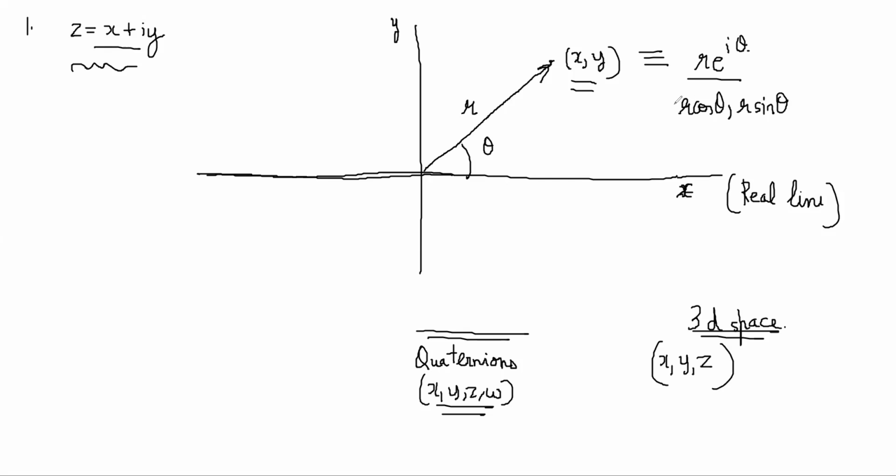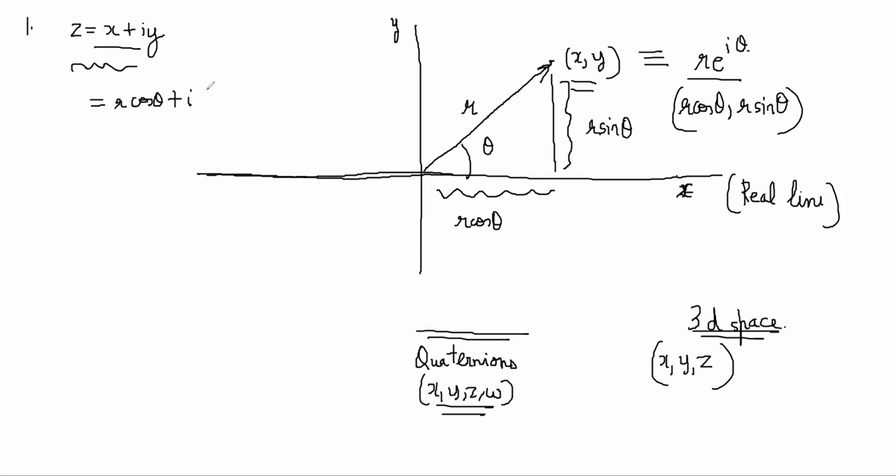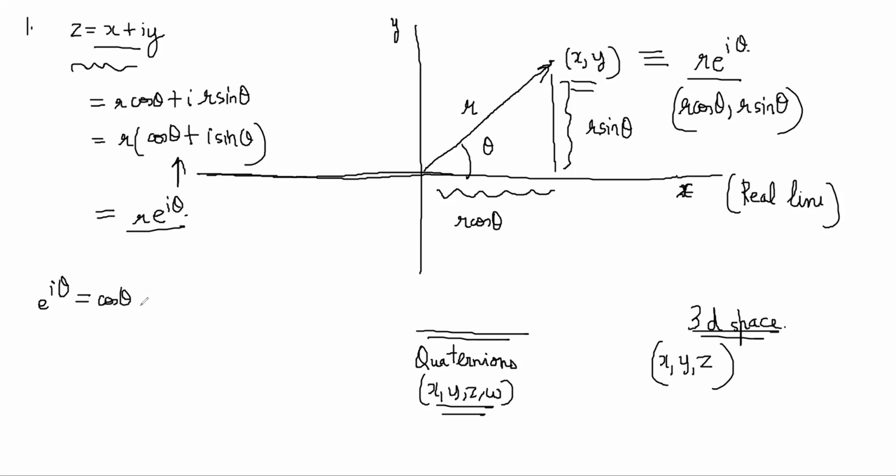Because this distance is r cos theta and this distance is r sin theta, you can write x plus iy as r cos theta plus i r sin theta, and you can say r times (cos theta plus i sin theta), right? And that becomes r e^(i theta). This is because of Euler's formula and his theorem, which says that e power i theta is equal to cos theta plus i sin theta.